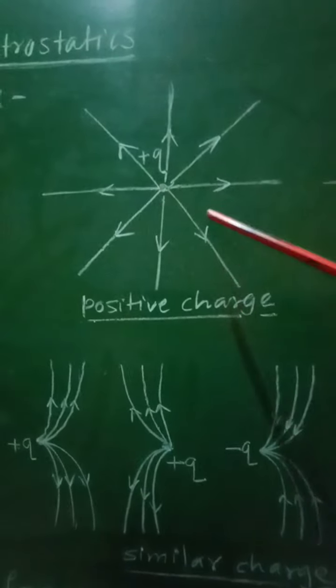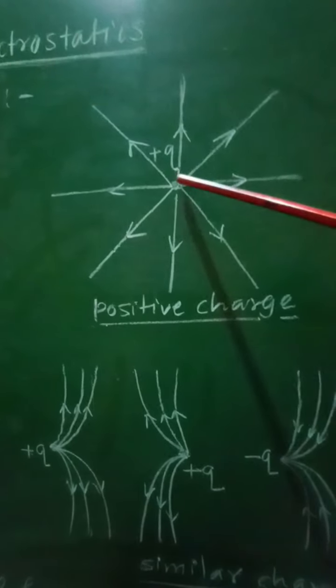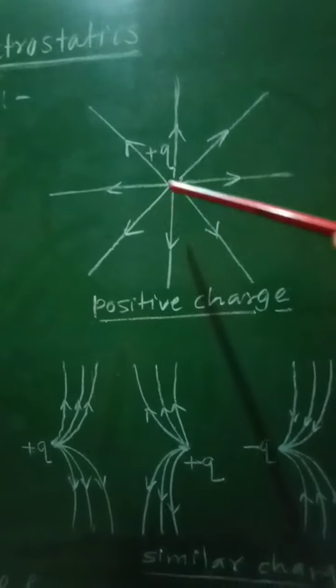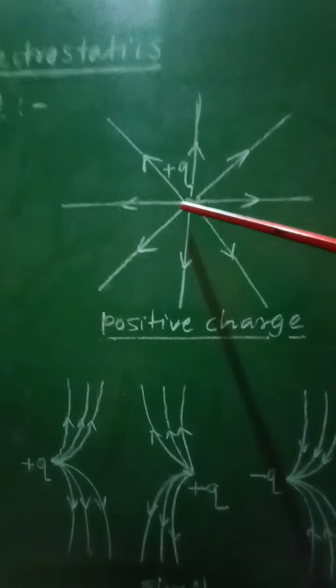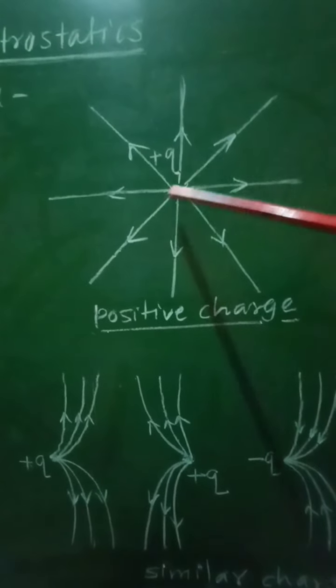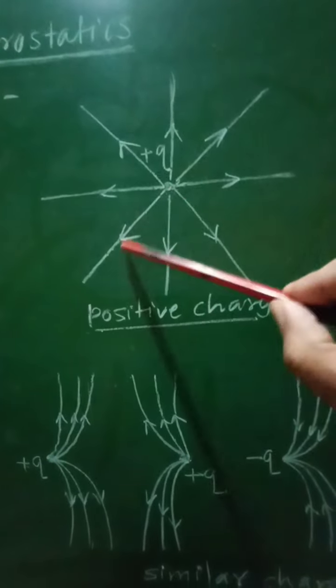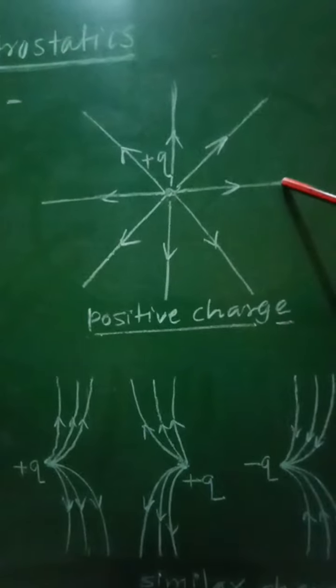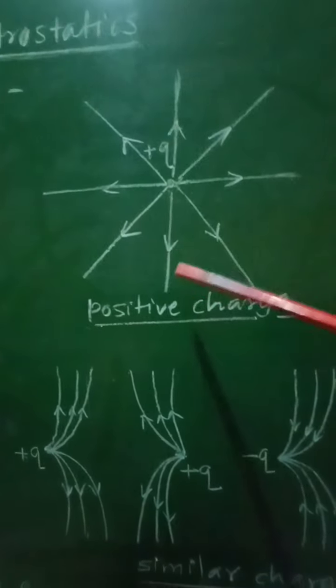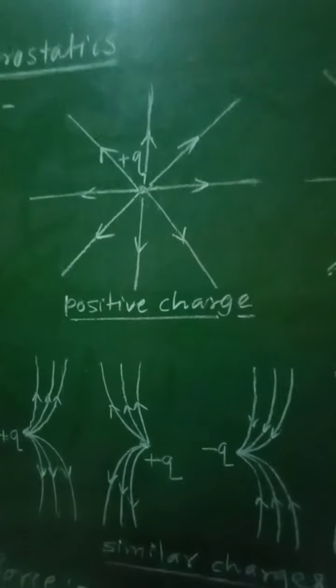The first figure represents the electric lines of force for an isolated positive charge, that is plus Q. If you consider a single positive charge, then the electric lines of force will be directed from it in all possible directions, away from the charge, that is in the outward direction.